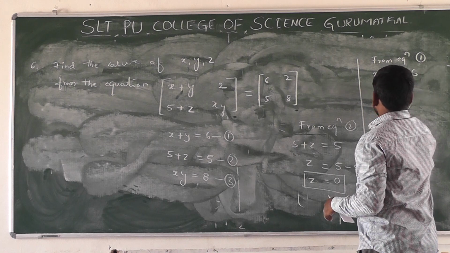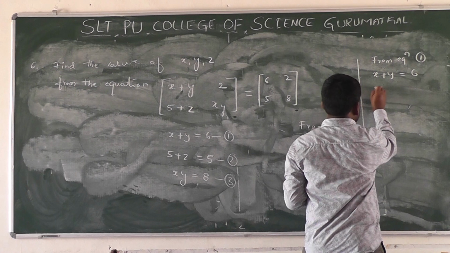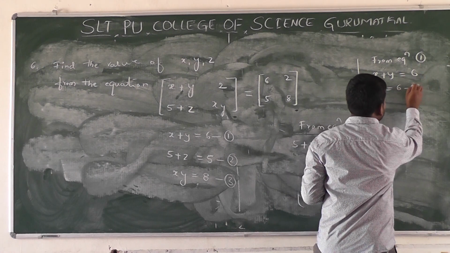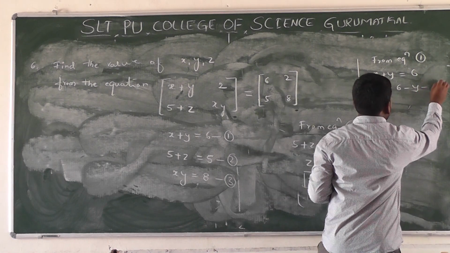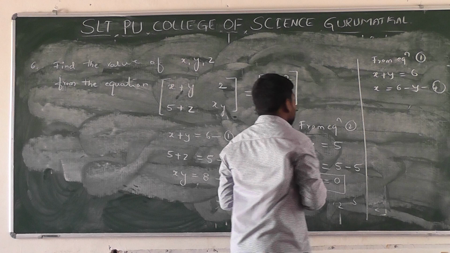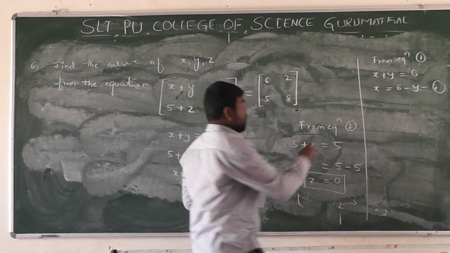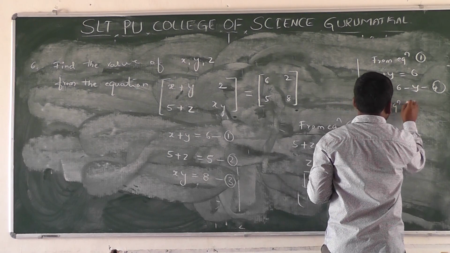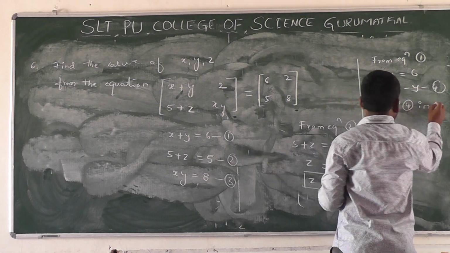Then we have to change either the y value or the x value. Then x is equal to, plus y we move this side, what happens here? 6 minus y. This is equation number 4. Then we substitute this x value from equation 4 into equation 3.